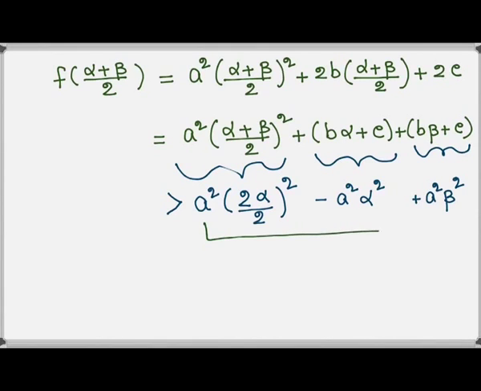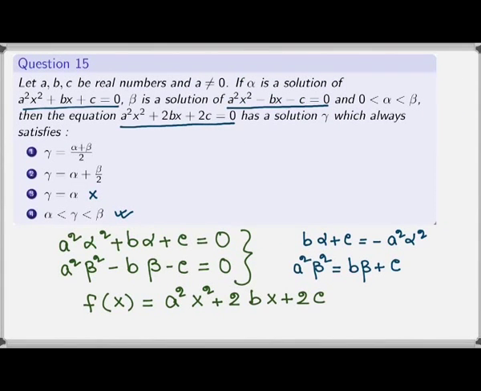So altogether we are getting this is equal to a square into beta square, which is strictly bigger than 0. So we have f of alpha plus beta divided by 2 is strictly bigger than 0, and this proves that alpha plus beta divided by 2 cannot be a solution of fx equals to 0. So the first option is not correct.